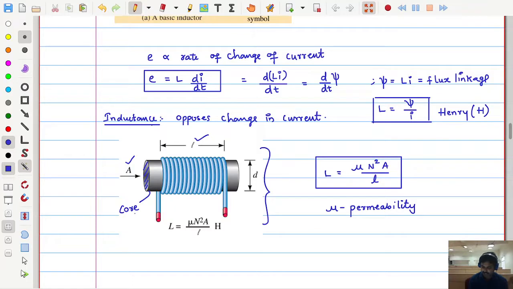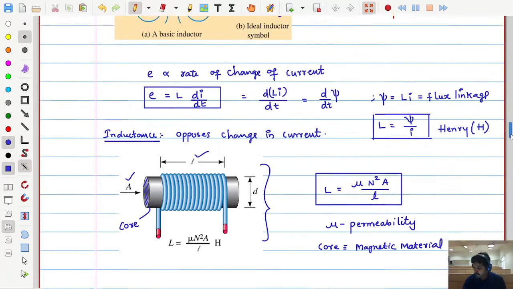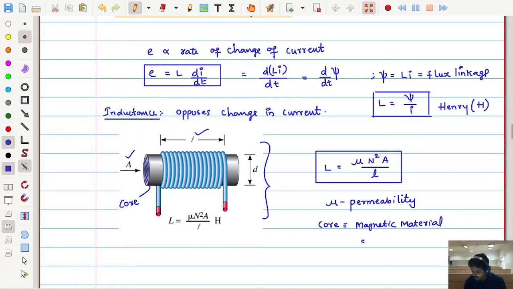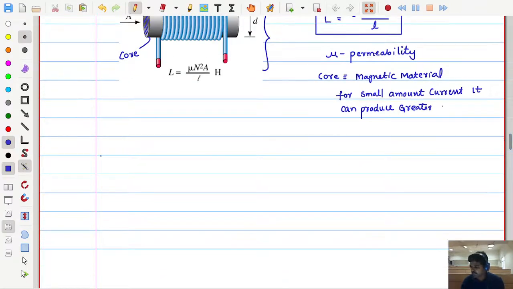If the core is a magnetic material, then for all magnetic material, if I give a small amount of current, it can produce a greater amount of flux.